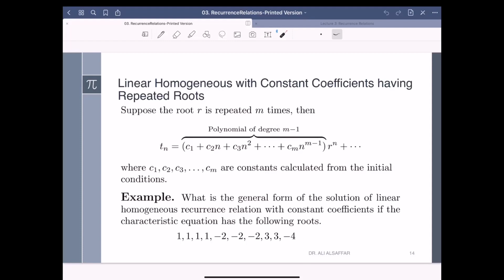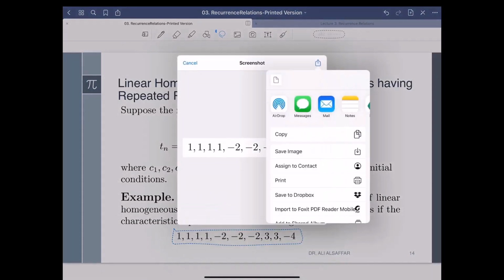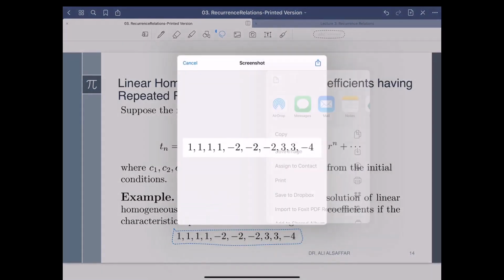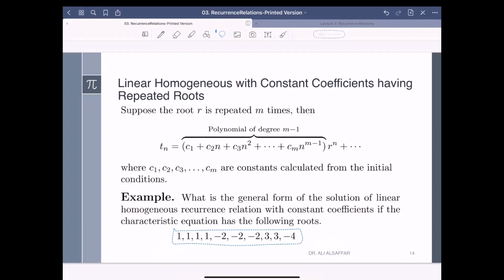As an example, suppose we want to find the general solution for these roots, and we assume that these roots are obtained after we converted the recurrence relation into a characteristic polynomial, made it equal to 0 and found the roots.